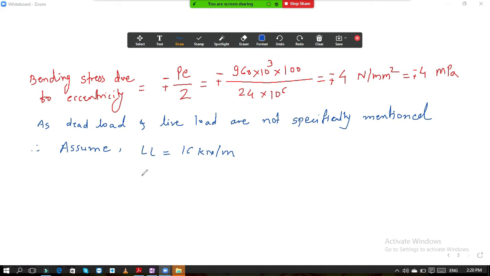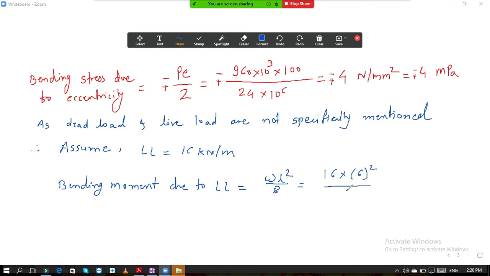So now, if this is your live load, then calculate the bending moment due to live load, ML. So the beam is a simply supported beam carrying UDL. So bending moment due to live load is WL square by 8, which is equal to W is 16, span is 6 squared, divided by 8.